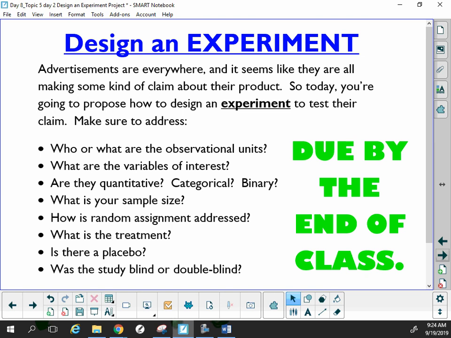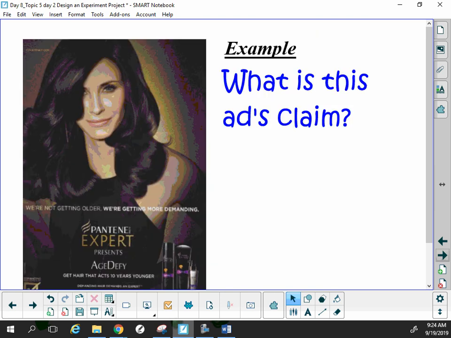So you guys have that rubric. I am literally going to be sitting down with this rubric and circling in order to give you your grade. So you can see exactly how this is going to be graded. You can make sure you hit the highest value on all of those things that I'm looking for, okay? It is due at the end of class.